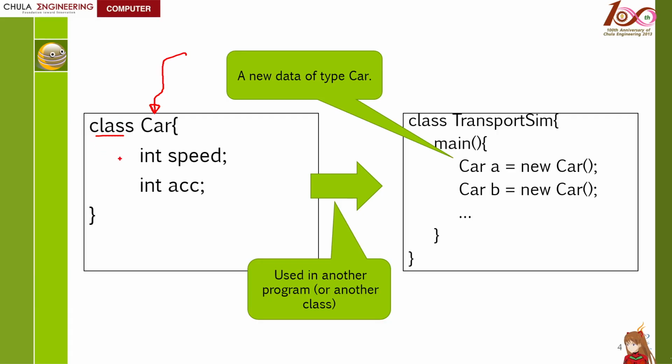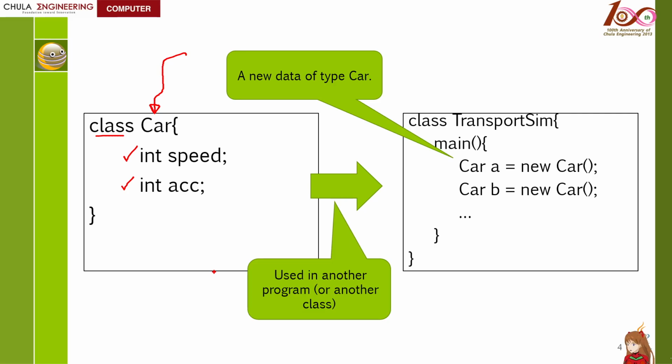And my class Car contains speed and acceleration. That means if I create a data that is a car, it will contain its own speed and its own acceleration. And if I create a second car, it will also contain its own speed and its own acceleration.